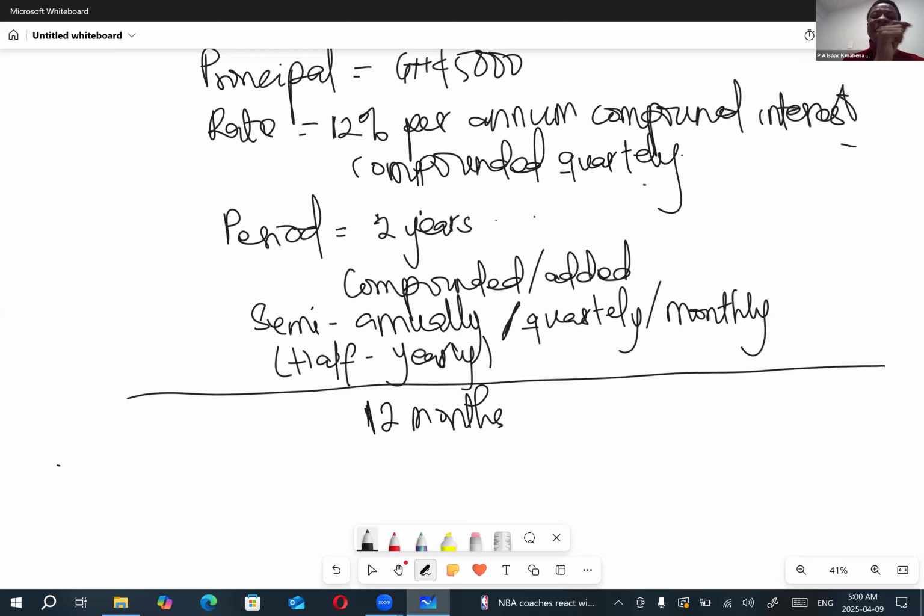The interest is 12% per year. If you, Frank, went to the bank in April, when are you to expect an interest to be added to your money? Forget about the question. I'm saying the interest is 12% per annum. So if you took the money in April, when are you to expect an interest?